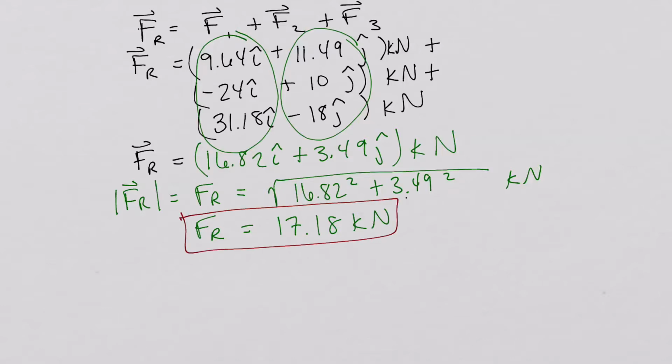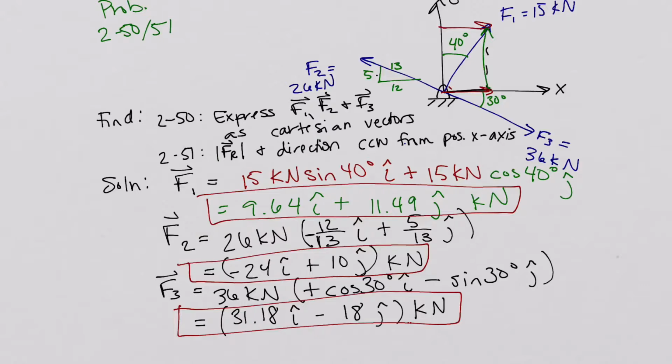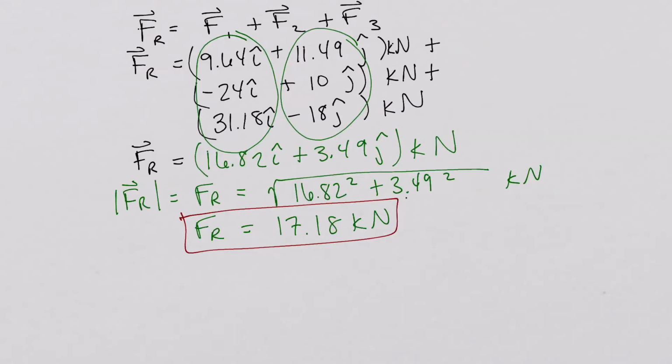That is our FR, or the magnitude. And then it also wants to know the direction counterclockwise from the positive x-axis. Let me just draw it really quickly. The FR is 16.82 along i, and then it's 3.49 in the j. So that's that FR. We just want to know this angle, counterclockwise from the positive x-axis.